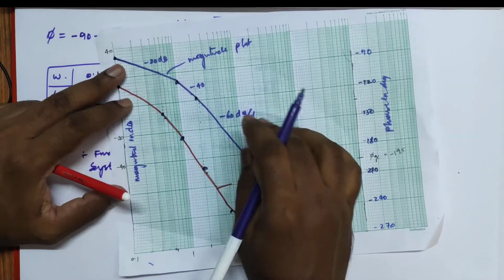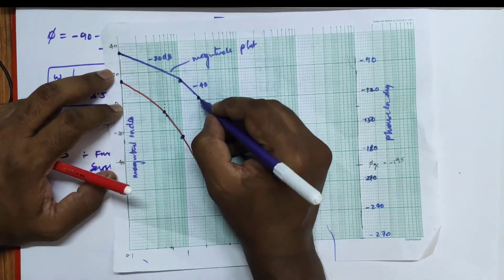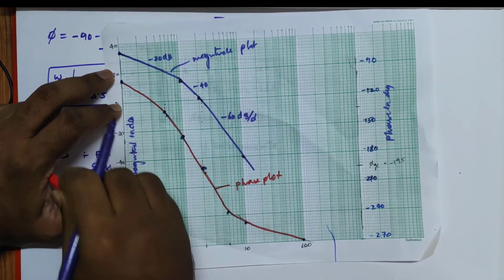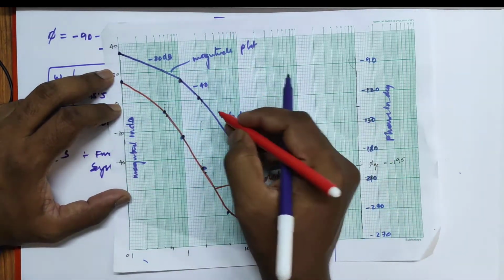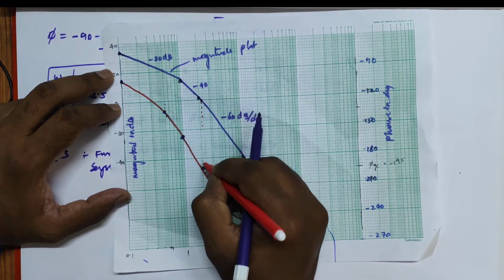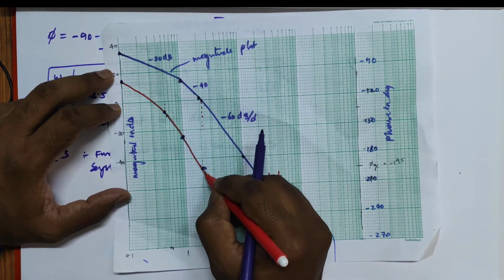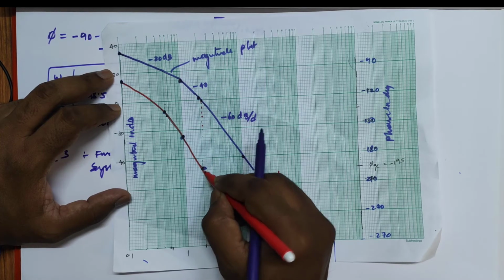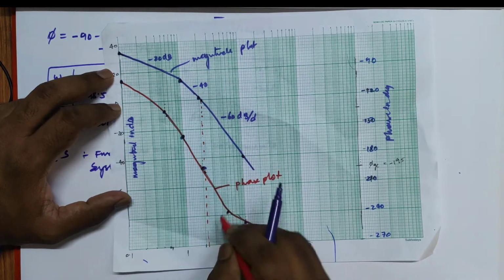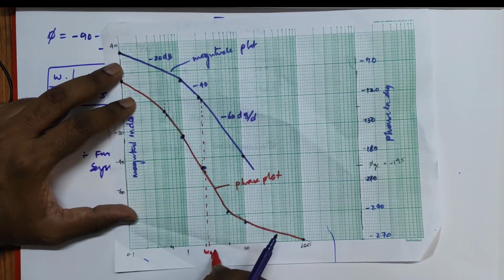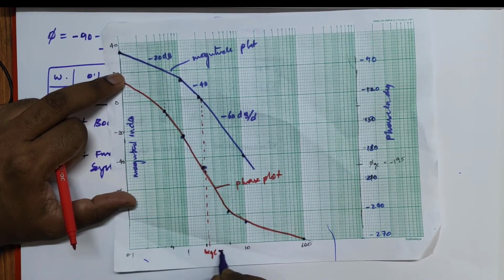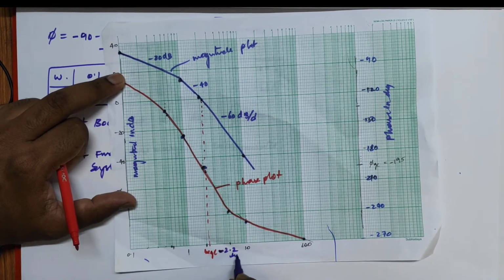From this we have to see the gain crossover frequency. This is the gain crossover frequency at some point here. If you draw this point, I get ω_gc equal to 2.2 radians per second.